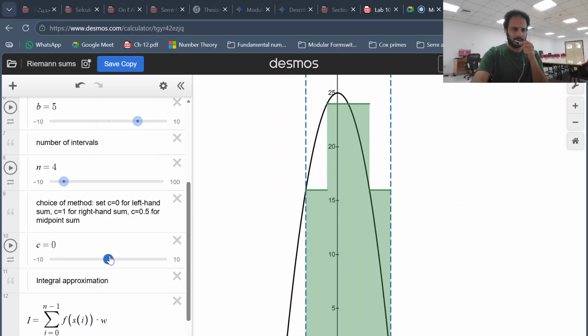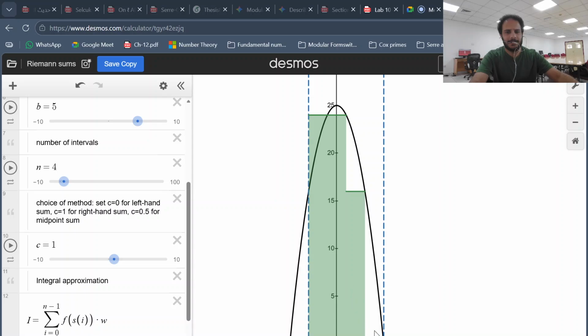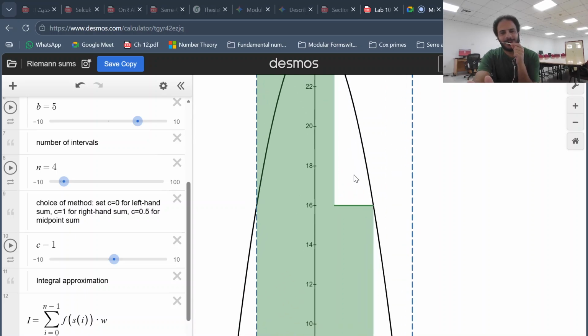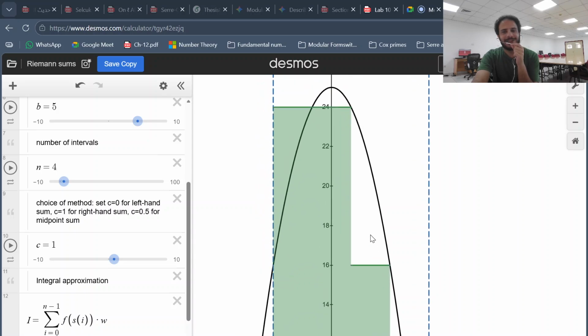So the right sum, we are using c equals 1. See here? How many rectangles do you see here? 3. Right? Is it 2 or 3? It seems 2, right? But you have 4. I will show you.